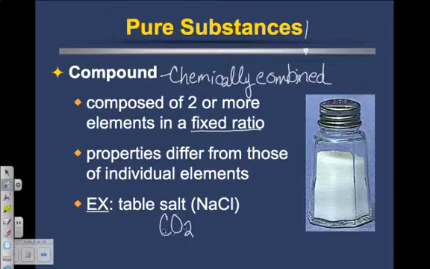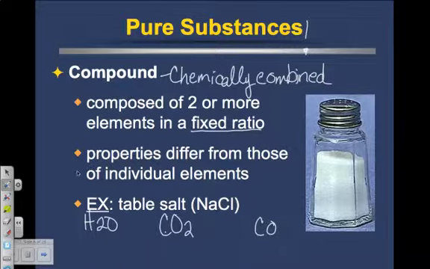And you will know that this is two different elements and not, for instance, cobalt, because cobalt would be a capital C followed by a lowercase o. This is a capital C and a capital O. H2O is another chemical formula, and you will always find water in a ratio of 2 hydrogens and 1 oxygen.